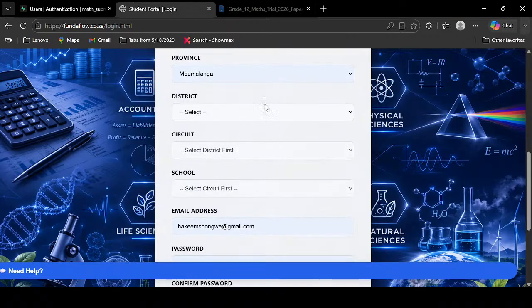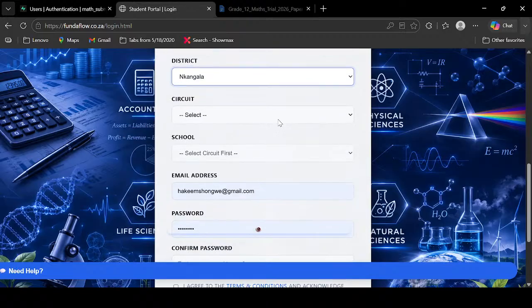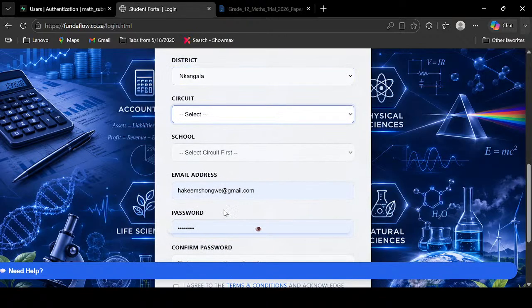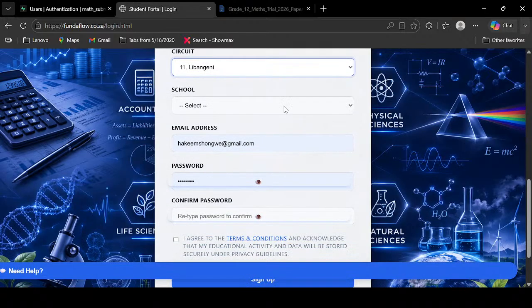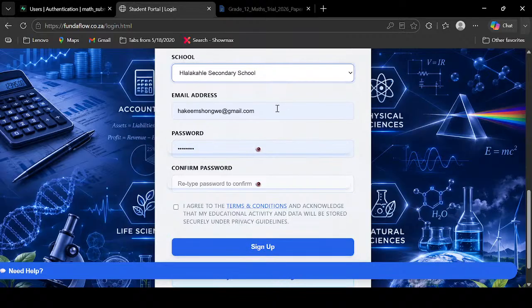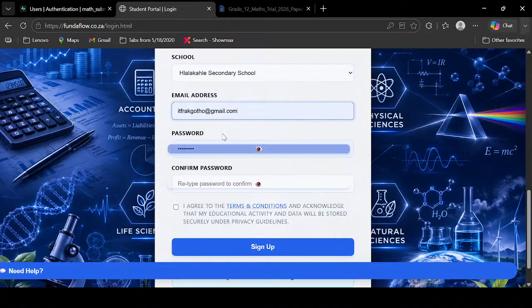Province, I'm around Mpumalanga. And then district, I'm at Nkangala. Circuit, it's Limangini. Then school is Salagase. And remember, guys, you can't choose a school until you choose the district and circuit, it's cascading. It works from district, circuit, then you can choose a school.